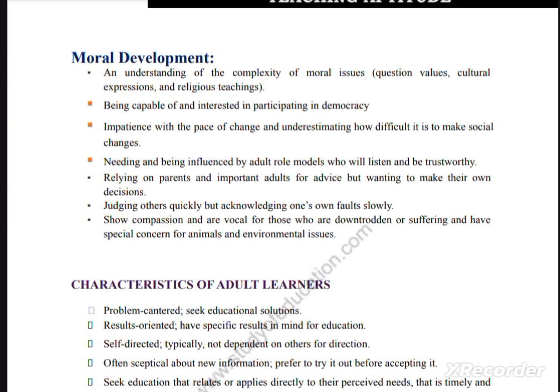So also the impatience with the pace of change and understanding how difficult it is to make social changes. When we change some social activity, at first it takes place at a difficulty level. When we practice it over time, it leads to an easy way. These are the moral development.